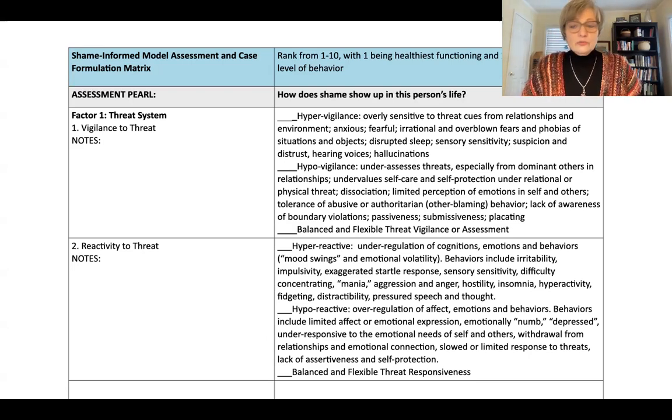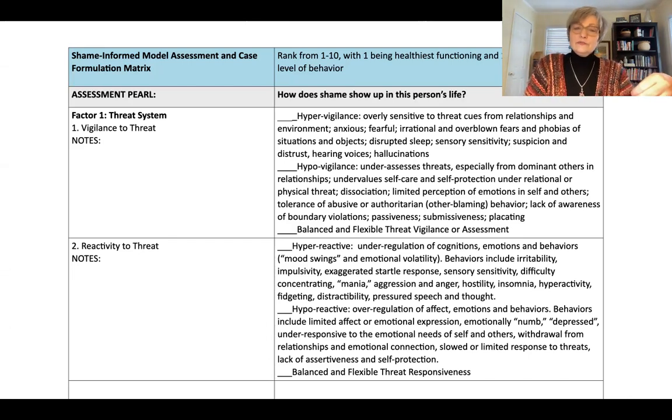Okay. So we have here the first factor, which is our threat system. If we're human, we have a threat system in our bodies. This vigilance to threat shows up in 2 main ways: hypervigilance and hypovigilance. Hypervigilance is the sympathetic nervous system, fight or flight, all the classic anxiety-related responses.